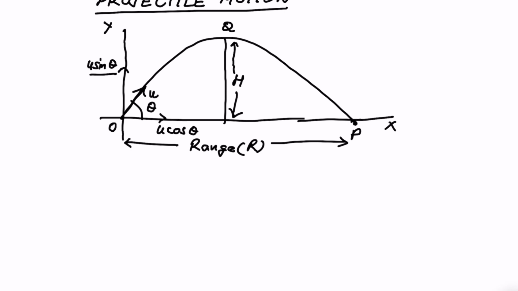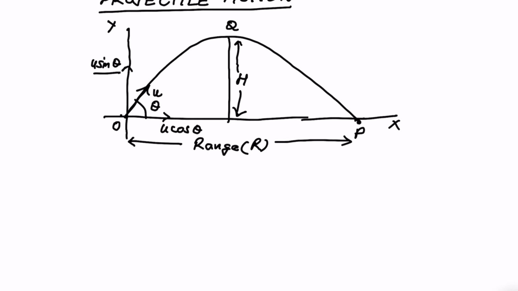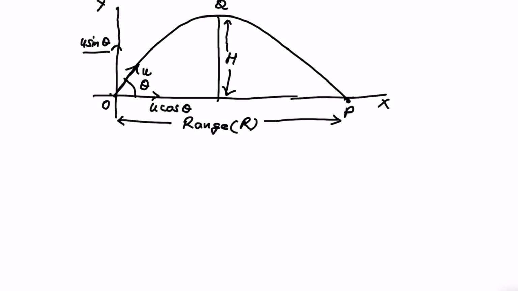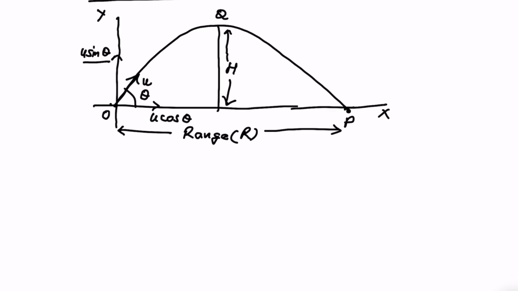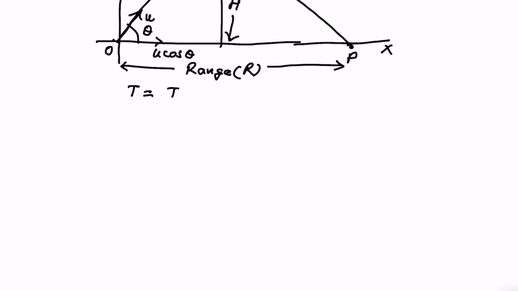Now while going from the point O to the point P, if the body takes a time, suppose we denote that by capital T, then this is known as the time of flight.